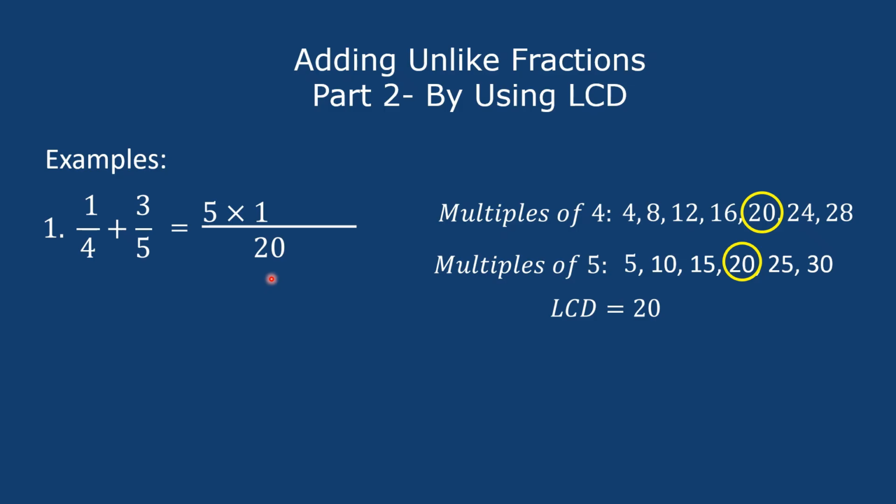Then we divide 20 by 5. 20 divided by 5 is 4, so plus 4 times 3. 5 times 1 is 5, 4 times 3 is 12, so this is now equal to 5 plus 12 over 20. 5 plus 12 is equal to 17. So this is now equal to 17 over 20.